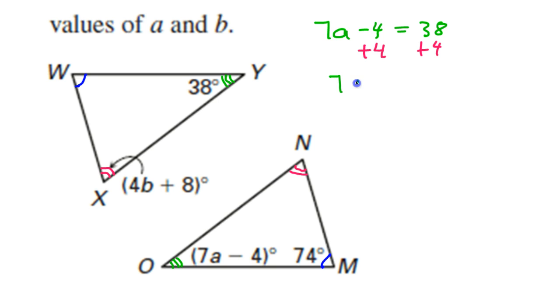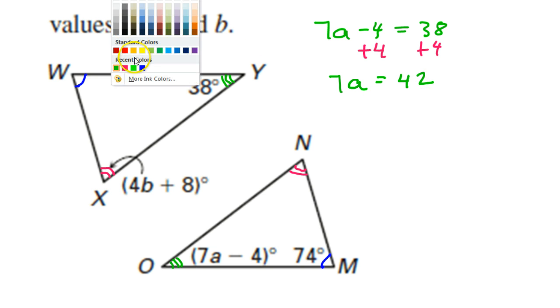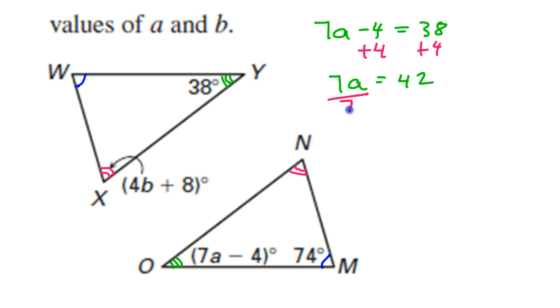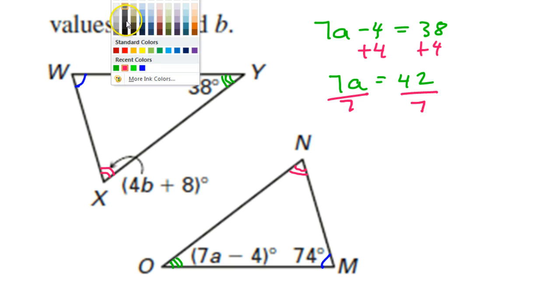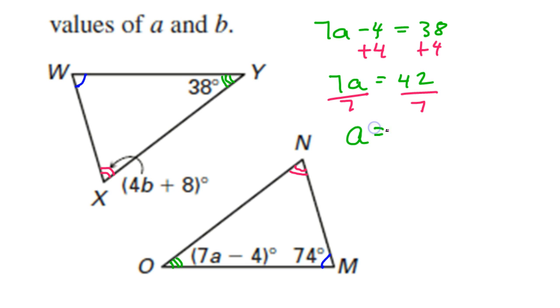So that leaves 7A is equal to 42. So A is equal to 6. All right, so that's one of the values we're supposed to find.